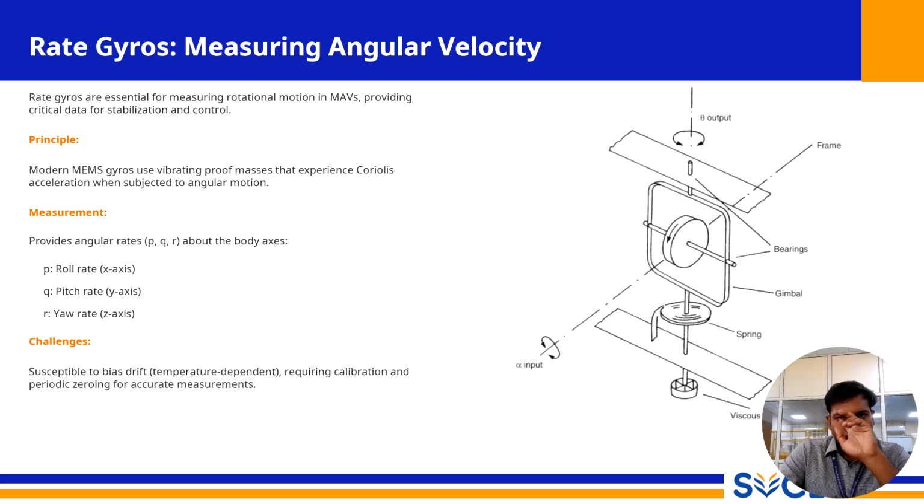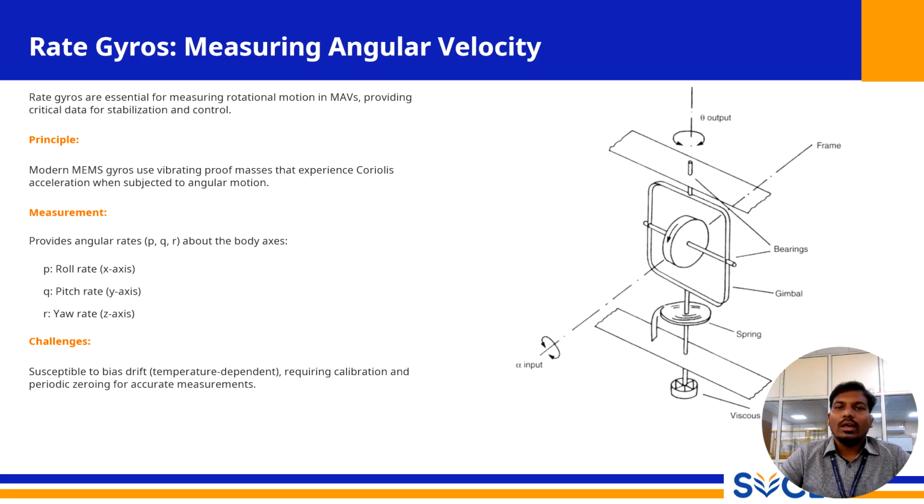If the accelerometer tells the MAV which way is down, the rate gyro tells it how fast it spins. This high-speed feedback is the absolute core of the autopilot's ability to keep the aircraft stable, as it allows the system to instantly counteract any unwanted rotation caused by wind, gusts, or other disturbances.